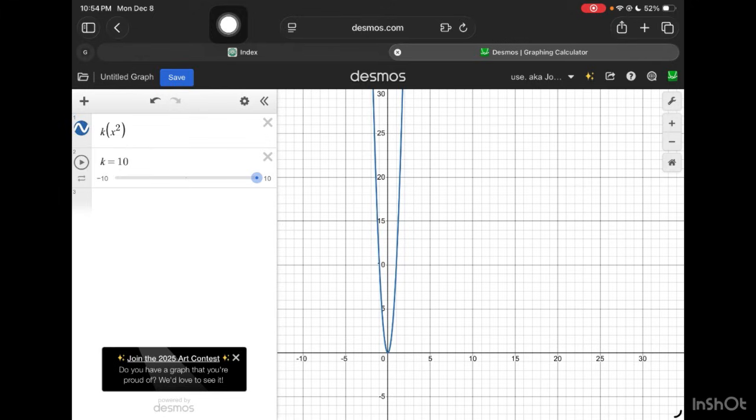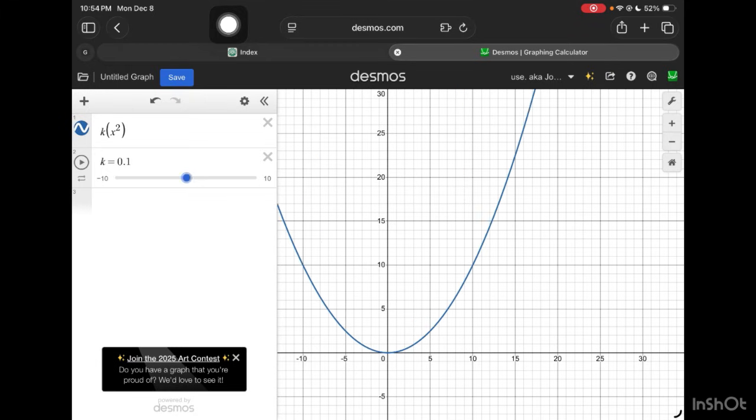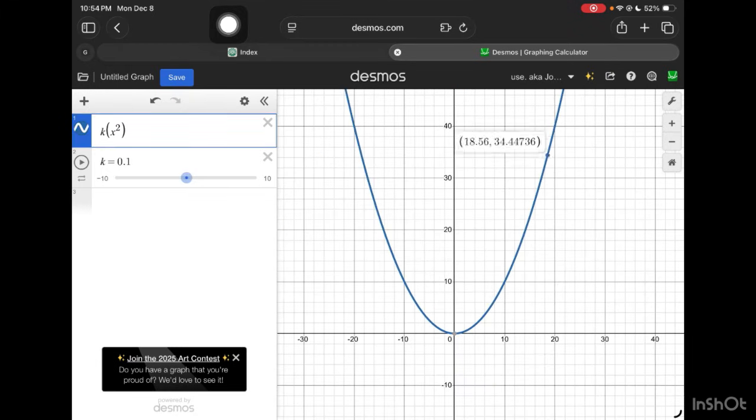That is because we're multiplying the numbers together so that it grows larger. Now, notice how if I slowly but surely approach 0, the function gets wider, to the point where, as you could see, 0.1 here. It's because 0.1 is not a very large multiplier, and thus, for the x values to catch up with the y, they have no other choice but to widen to equal the y.